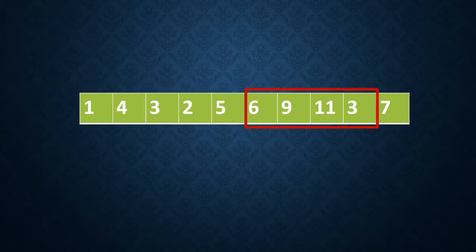Similarly, we would repeat the same process for subarrays of size 4, 5, 6, 7, 8 and 9, and keep checking whether we can get a subarray which is increasing as well as giving the maximum length. So n times n elements are being traversed, hence the complexity would be n square.